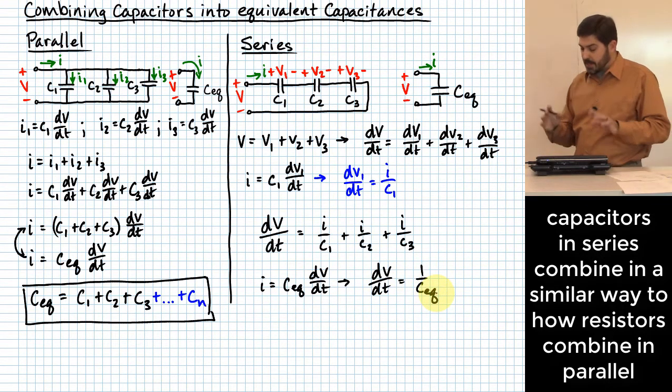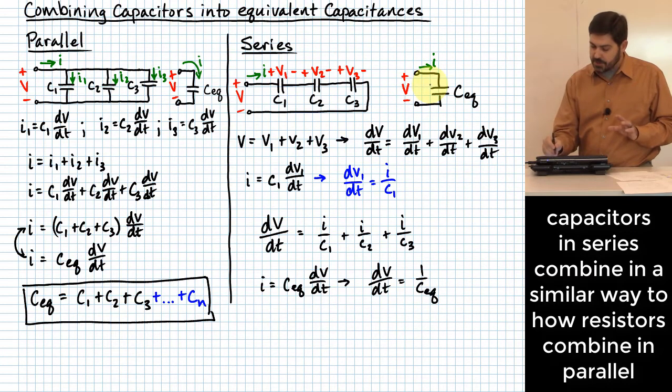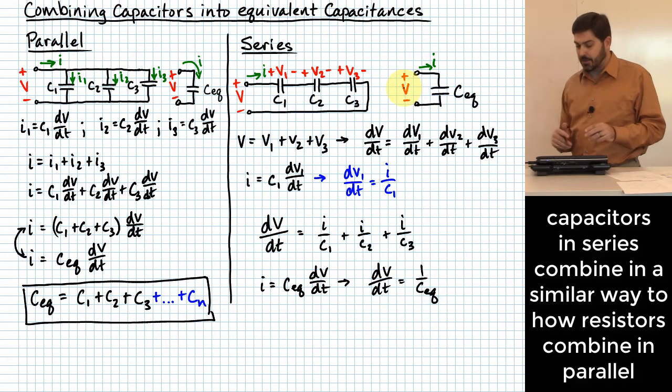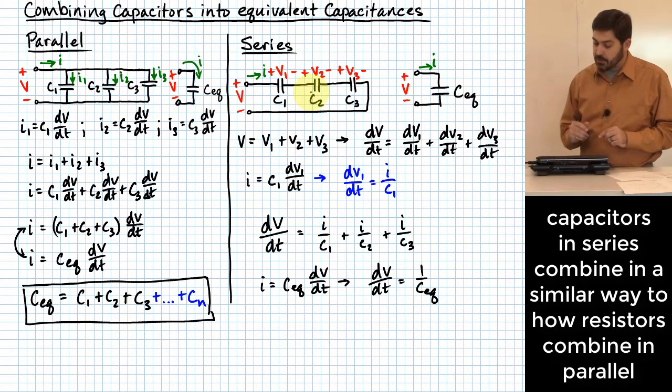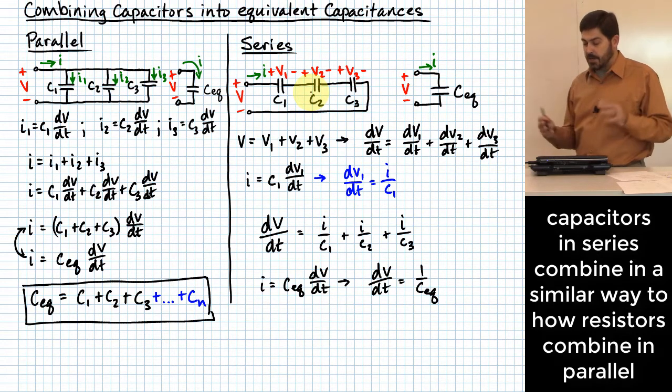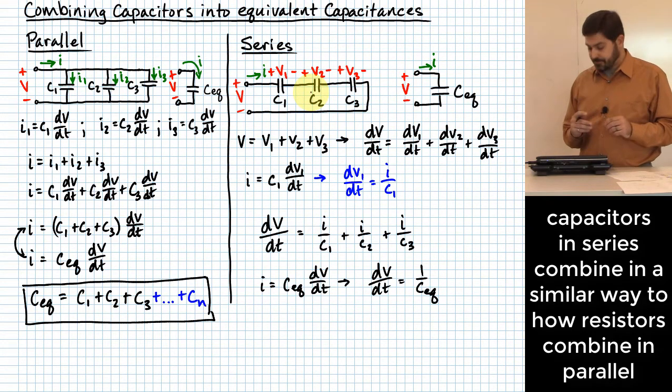And everything has to be equivalent between voltage and current for these two circuits up here at the top in order for CEQ to become the equivalent of C1, C2, and C3 in series with one another. So what do you think I can do as my last step?